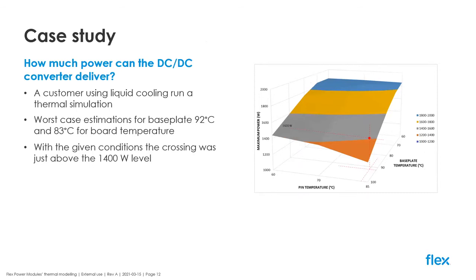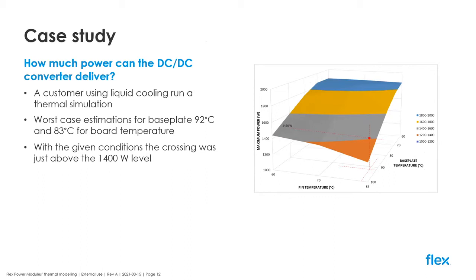Here we have a case study, an actual customer case. We had a customer that made a thermal simulation on their server application. They estimated the worst case base plate temperature to become 92 degrees C and the board temperature to become 83 degrees C. And now they were a bit worried about the derating of their board.